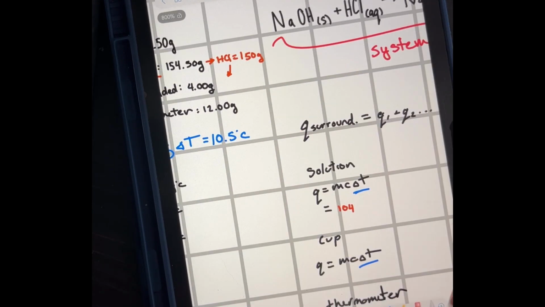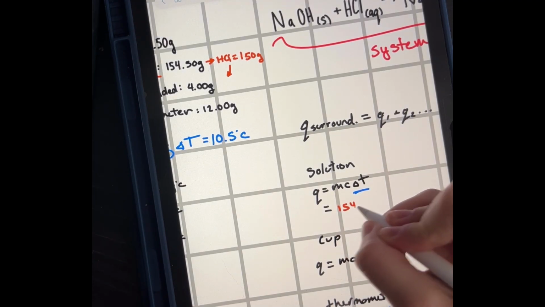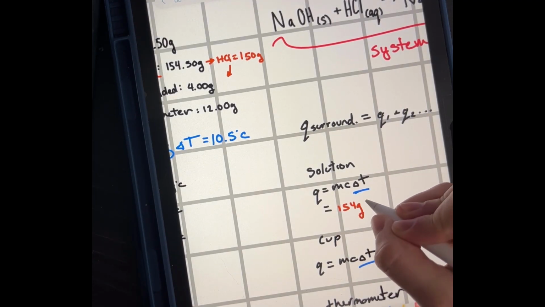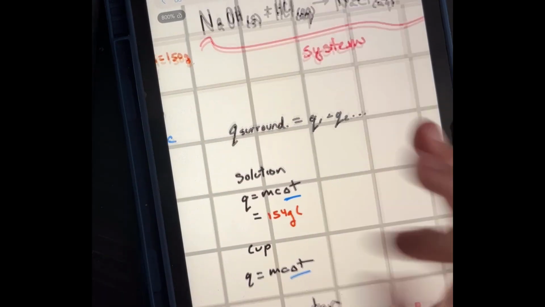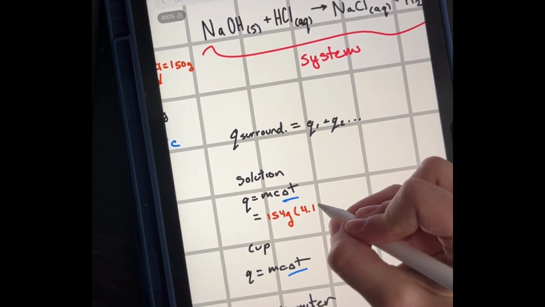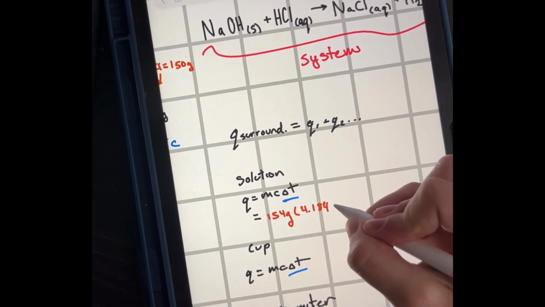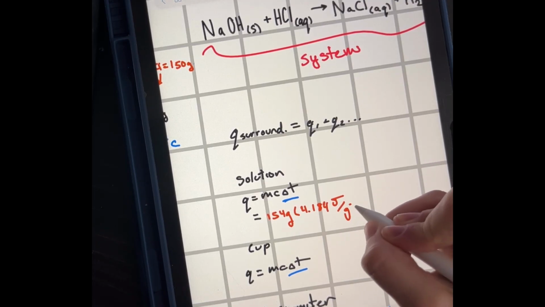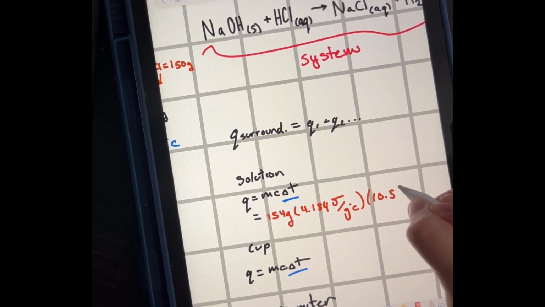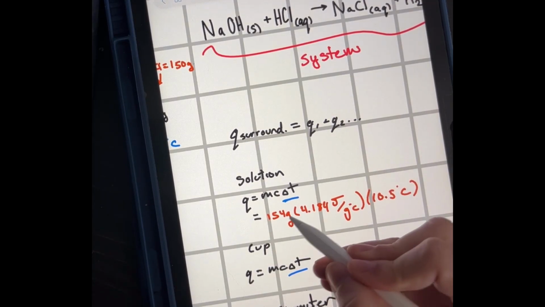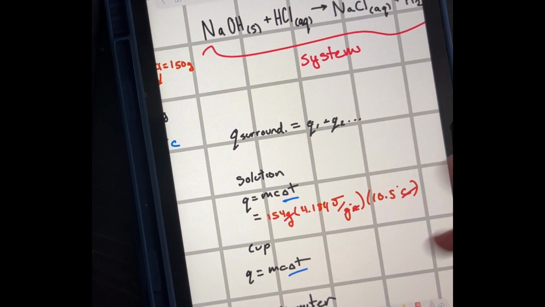So our total solution should be 154 grams. Our specific heat capacity that we're given is that of water. This level we're usually assuming it's always water. And then our temperature change of 10.5. Those stay the same. So now these are going to cancel out. We're going to be left with the joules.